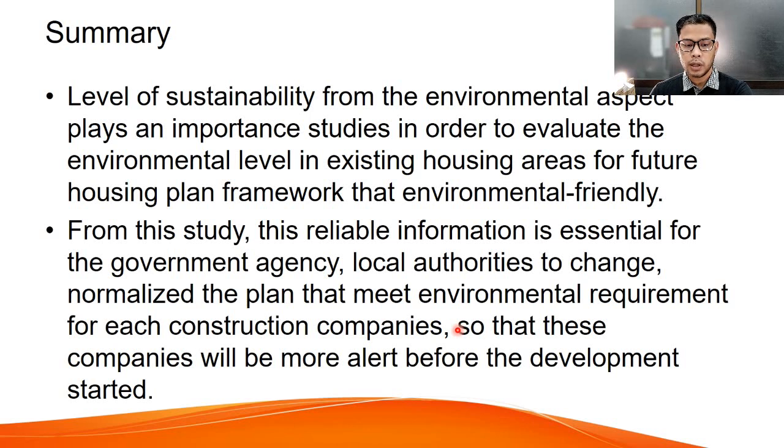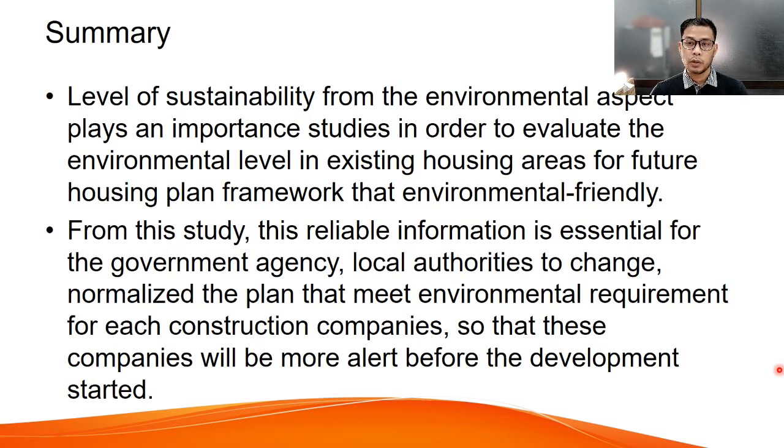As a summary, we can assess the sustainability level of affordable housing from the environmental aspect when we have all the indicators related to the environmental aspect. From this study we can gather and assess, and then improve it with other indicators, such as indicators from the social aspect and also the economic aspect besides the environmental aspect.